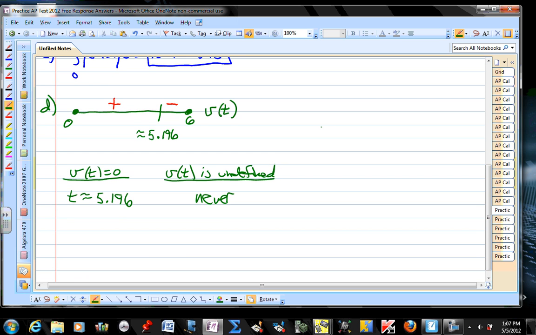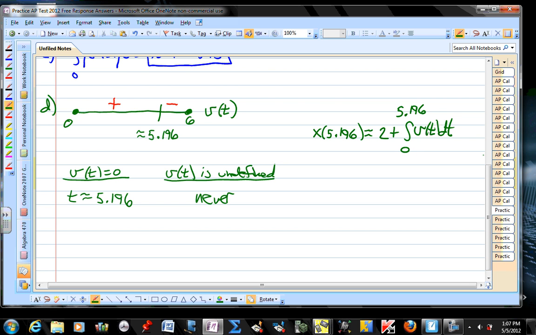So coming back here, we know that the position at time 5.196 is going to be about 2, the initial position, plus the displacement from 0 to 5.196 of the velocity function.